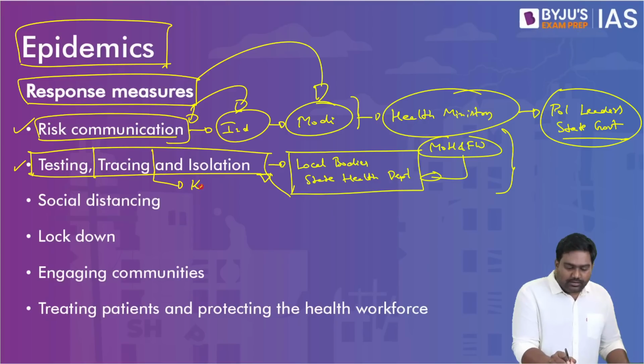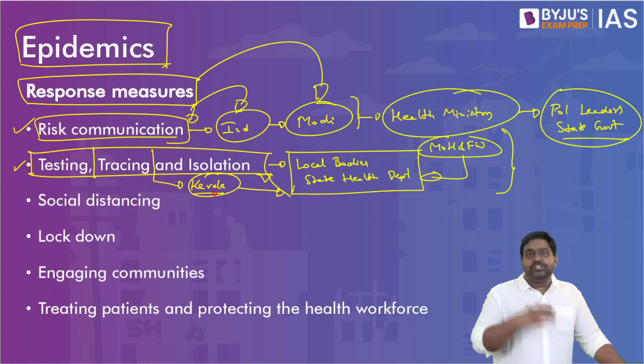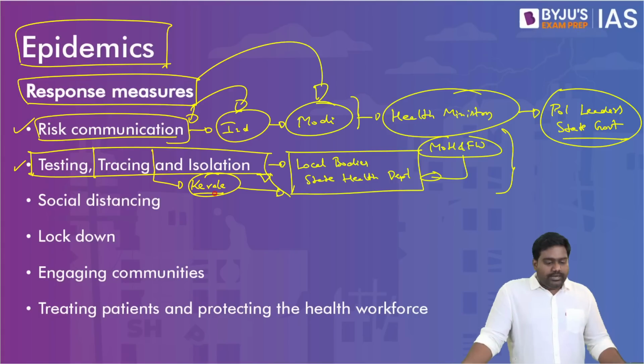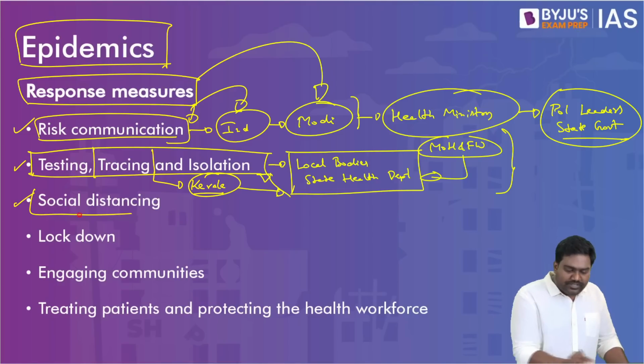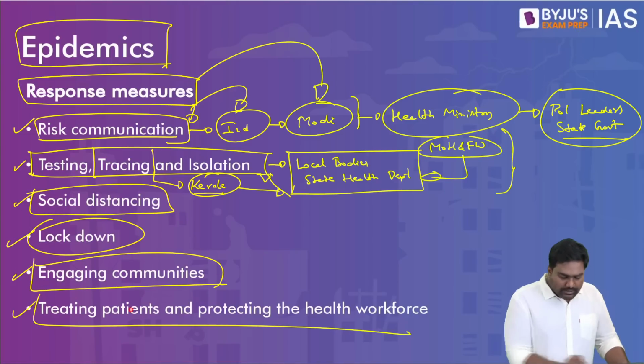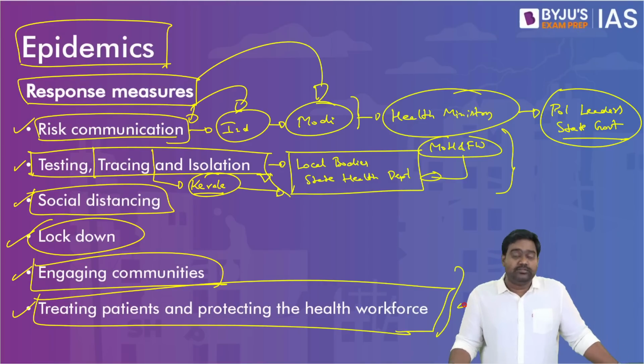Kerala, especially, has a well-established track record in contact tracing because Kerala has seen many spreads of infectious diseases. It has a very efficient contact tracing and quarantine protocol in place, right? So, this is a key measure along with social distancing, lockdowns, engaging the community, and of course, treating the patients and protecting the workforce, the healthcare workers and police.